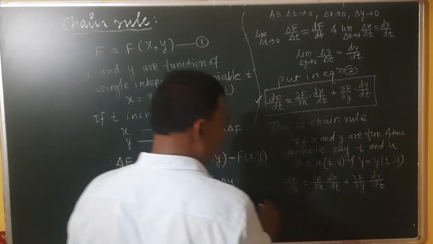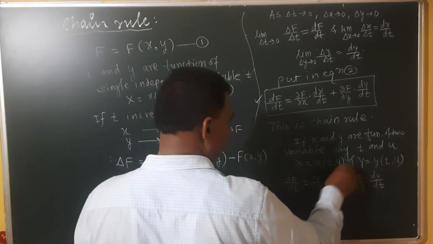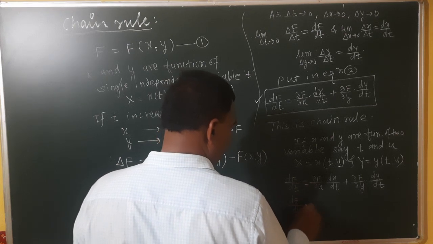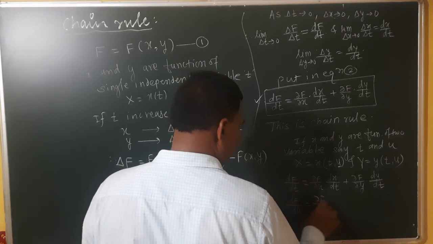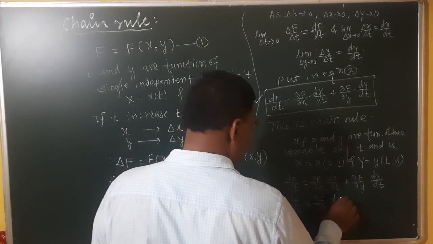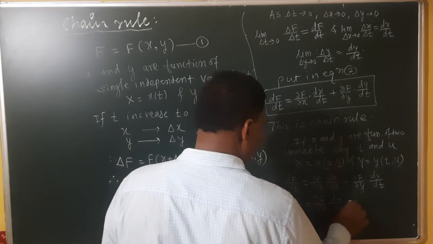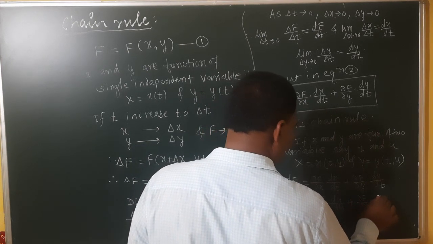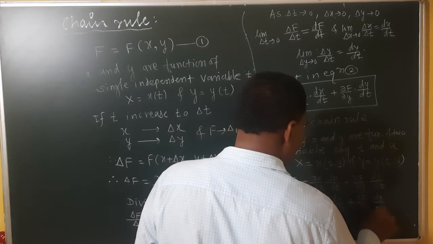Similarly, for u we have df by du is equal to dou f by dou x into dx by du plus dou f by dou y into dy by du.